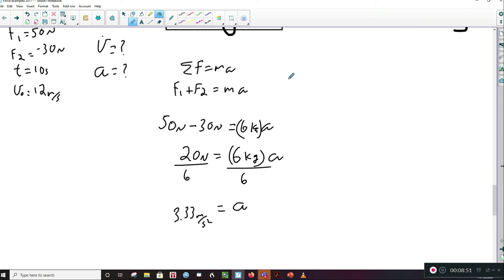Okay, now that I have the acceleration, I can go ahead and find the final velocity. And again, since I have time, I think I can just use v is equal to v naught plus at. The final velocity is what I'm after.